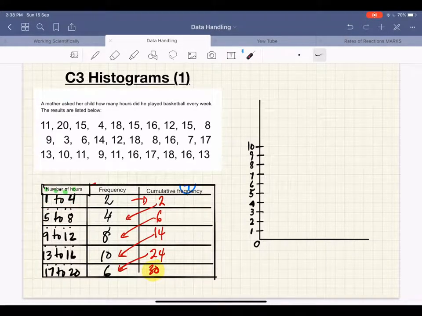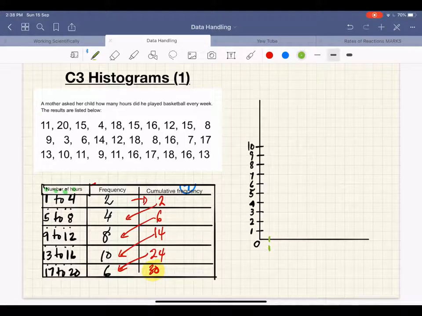That's why I deliberately chose a value that's not 0, to show you that you cannot start your bars here. Because if you do that, then that means this is 0. But it's not. It's 1. So where do we start? We need to start a little bit away from 0. So I will start it and put 1.